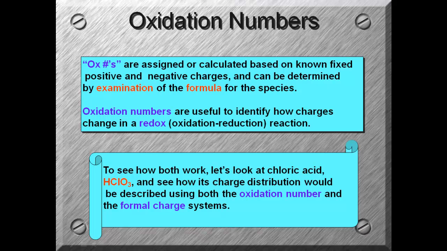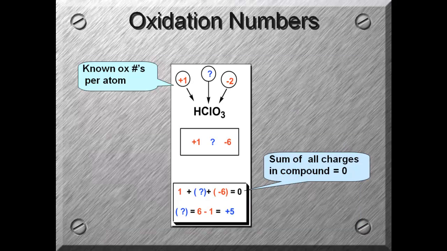To see how both work, formal charges and oxidation numbers, let's take a look at chloric acid, HClO3, and see how its charge distribution would be described using both the oxidation number and the formal charge systems. So here, looking at the oxidation numbers on chloric acid, we know that hydrogen will have a +1 and oxygens have a -2.